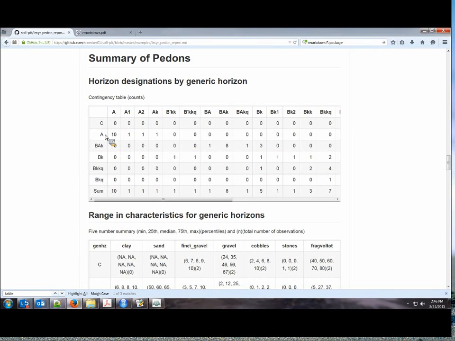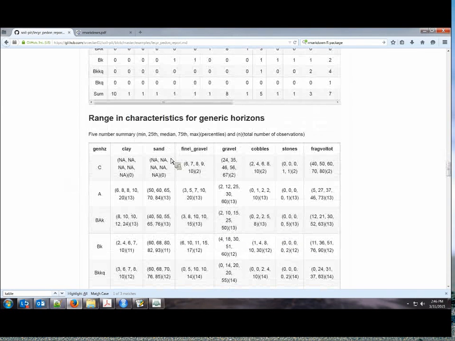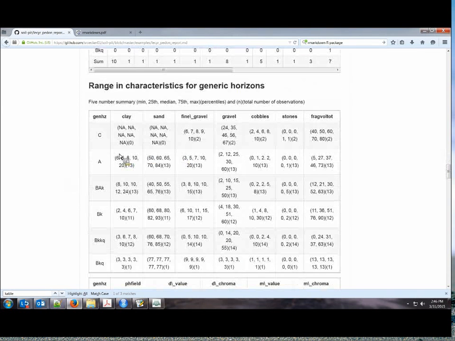So I chose A, ABK, and etc. Scrolling down some more, now we get to see some of the good stuff in terms of what's the average clay content of an A horizon. Well, in this case it looks to be about 8, but it can range anywhere from 6 to 20. 20 being probably on the high end and unrepresentative for the series.